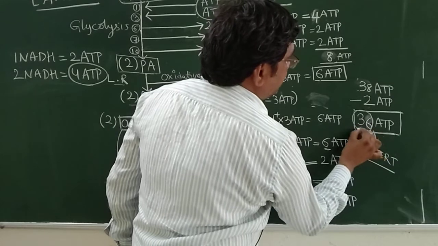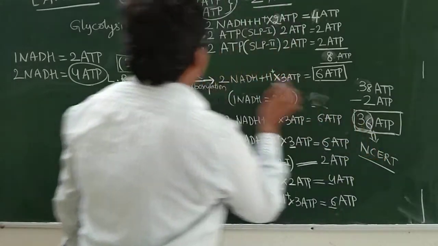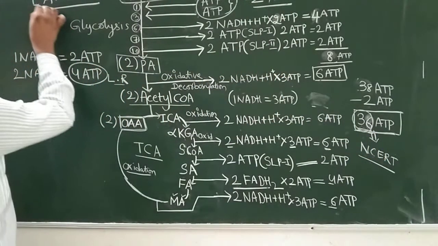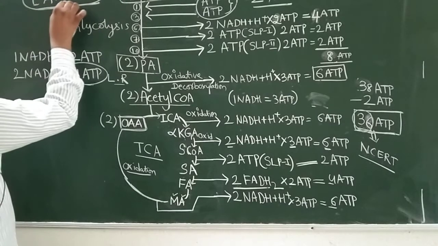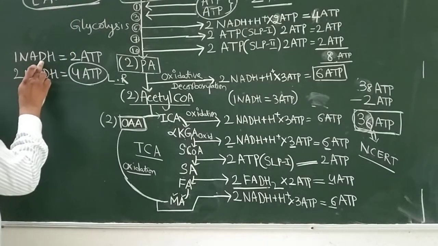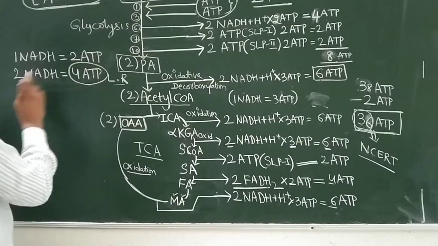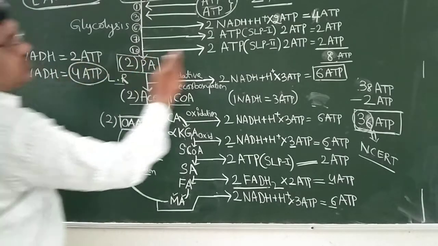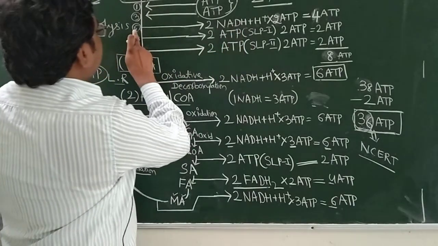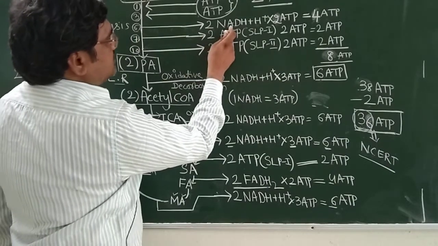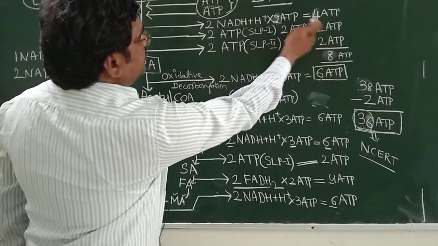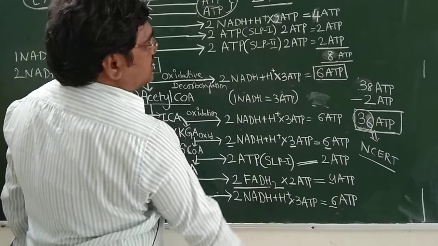36 ATPs are produced according to the Telangana MSET. Okay na? 1 NADH equal to 2 ATPs. 2 NADH2 are produced in the sixth reaction of glycolysis. 2 into 2, 4. The remaining total ATPs are the same.